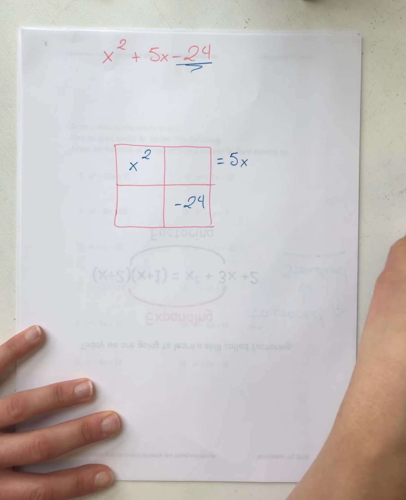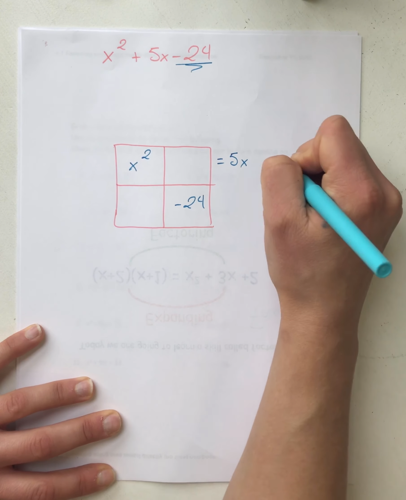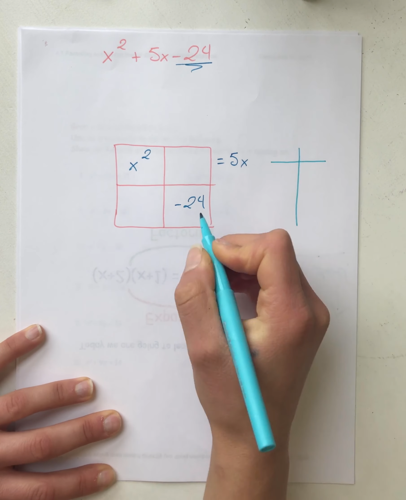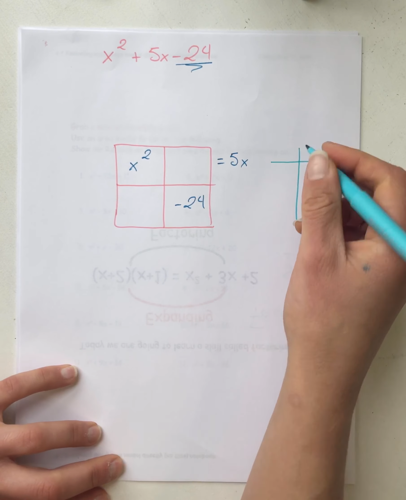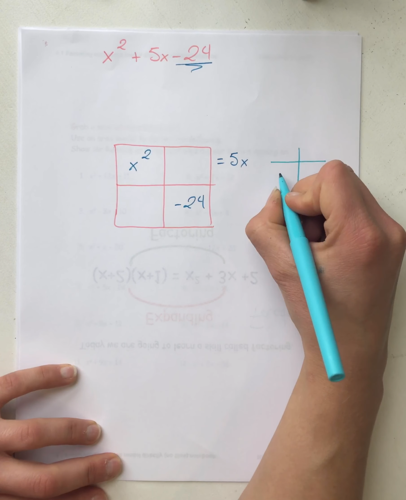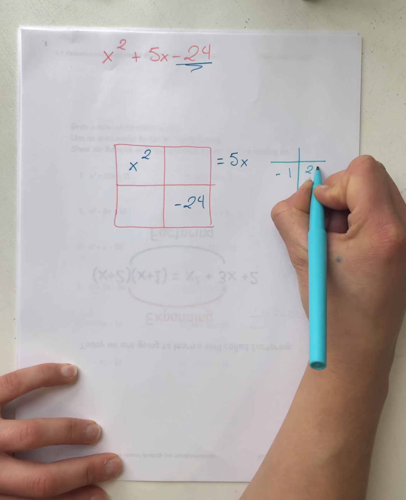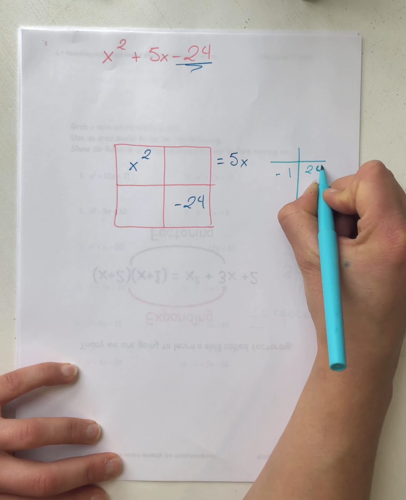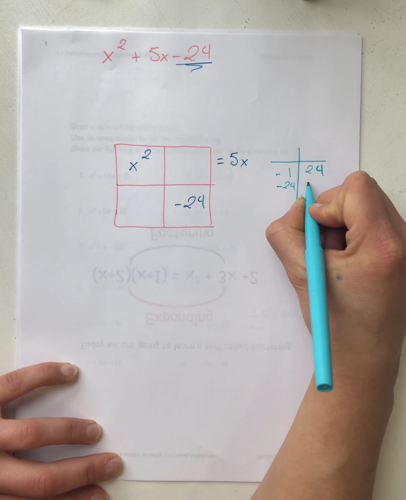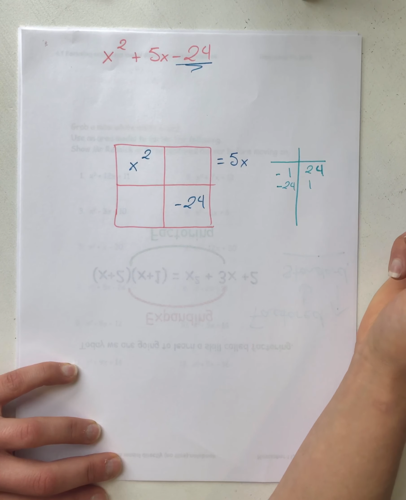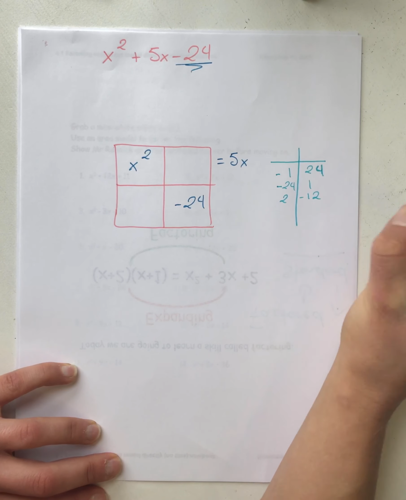So then we can do our table of values. What two things multiplied together are going to give me 24 or negative 24? So we can do negative 1 and 24. We can do negative 24 and 1. We can do 2 and negative 12.